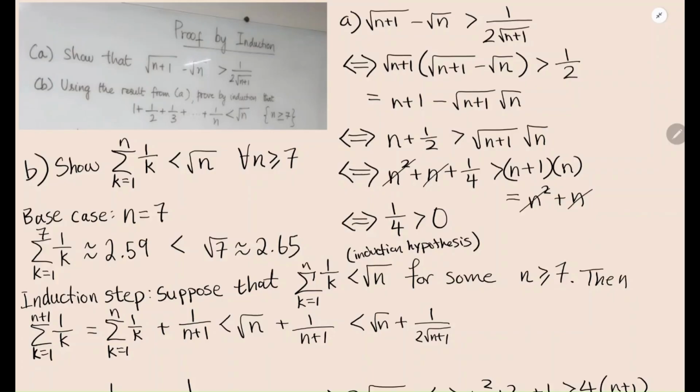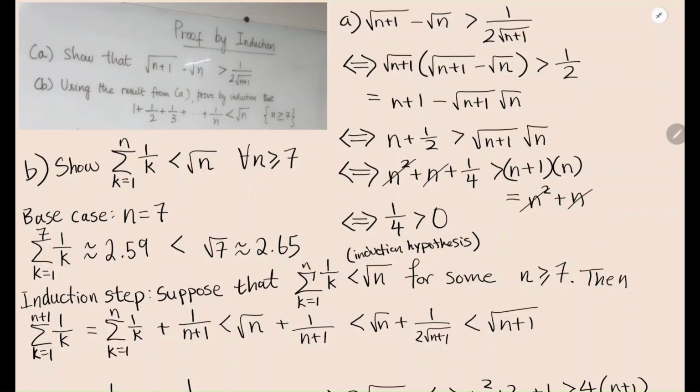So what we have here is that this is going to be less than the square root of n plus 1. This is very good because it's essentially following the same format as what we had over here. Instead of n, I have n plus 1 over here, which means that the n plus 1 term is also going to satisfy this inequality.